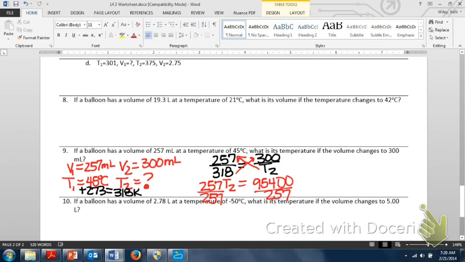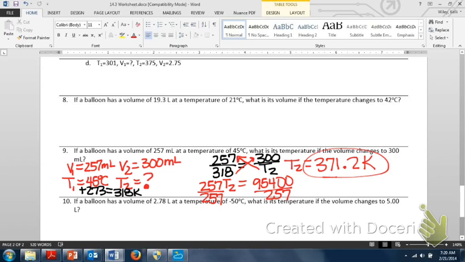So I get T2 is 371.2-ish, and that's Kelvin. No matter what you did, whether you kept it in milliliters or changed it to liters, you should get the same answer. Okay.